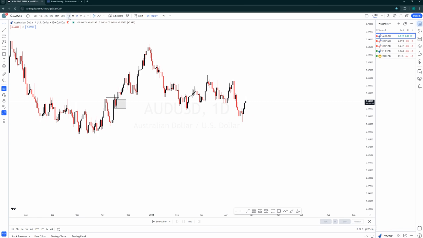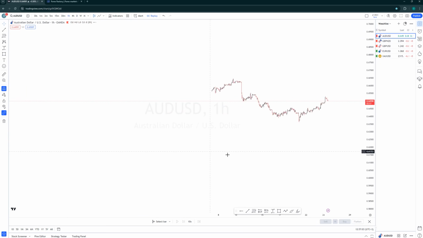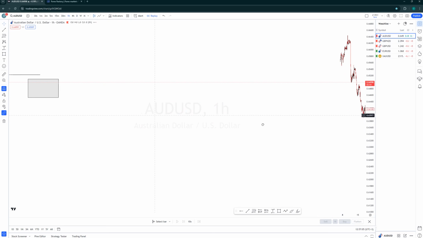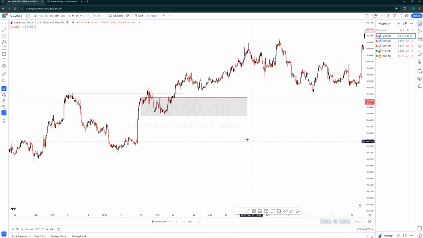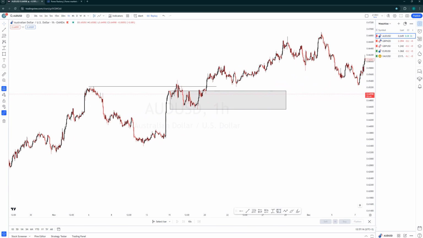But if you go back to the 1 hour, according to your time frame coordination, you can see that you have also another inside formation. So let's see this one, this inside formation here. This is the inside formation that we found in the 1 hour time frame.